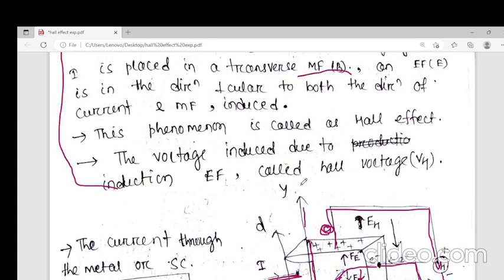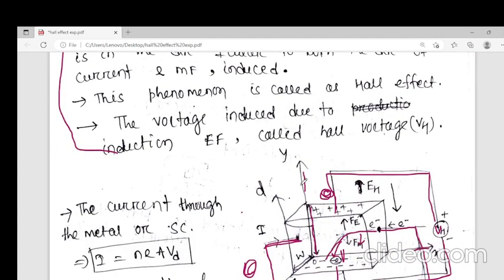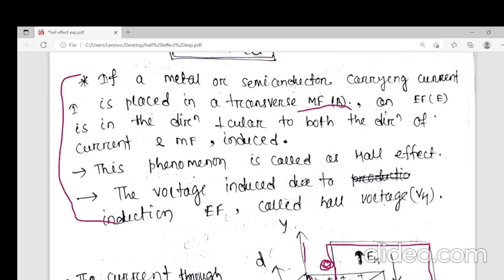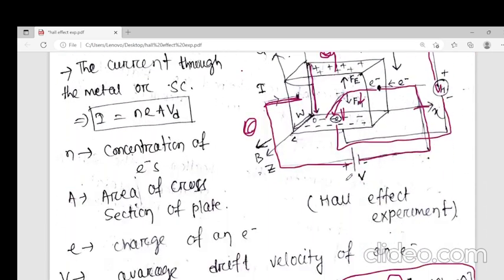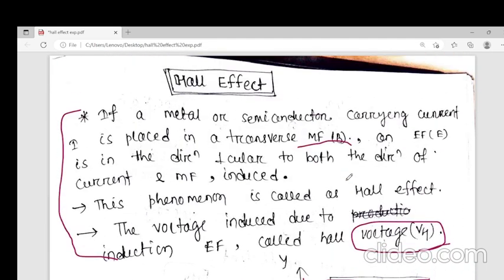So there will be an induced electric field, that is called the Hall electric field, and due to this electric field a voltage difference also arises, that is Hall voltage. This phenomenon you can call the Hall effect. Okay, all these things we have already seen.